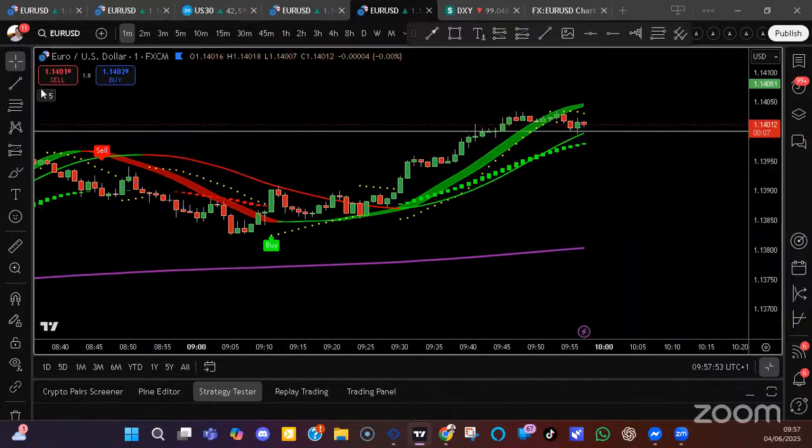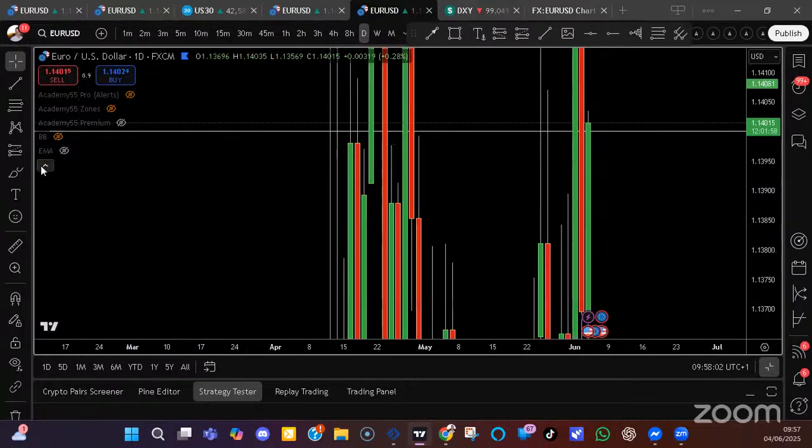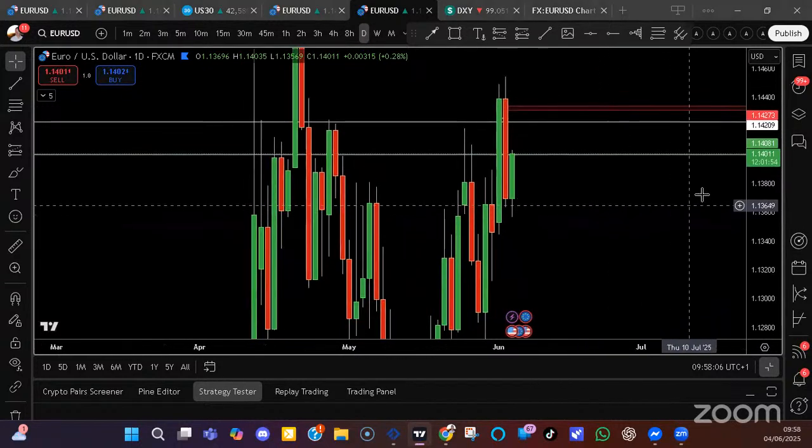So what we'll do is we'll have a look at the bigger picture. We will take the indicators off, go on the daily time frame, and see what it's like.